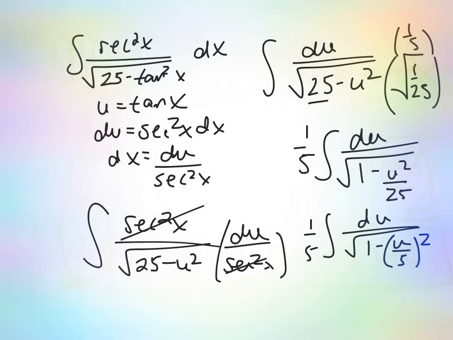It's now in the form that we need, so it'll be inverse sine of u over 5 plus c, except u is tangent of x, so you would just write it as the inverse sine of tangent of x over 5 plus c.